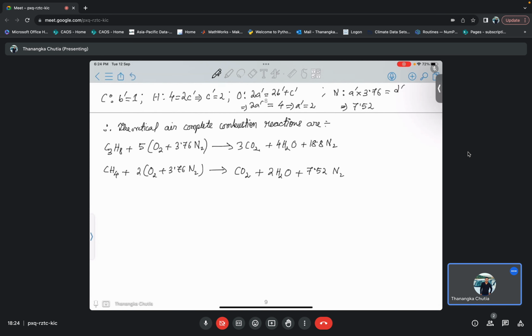Now, number of moles of oxygen required to burn 1 kilomole of C3H8. So number of moles of oxygen that is required to burn 1 kilomole of propane is equal to what? 5 kilomole. Correct, no?